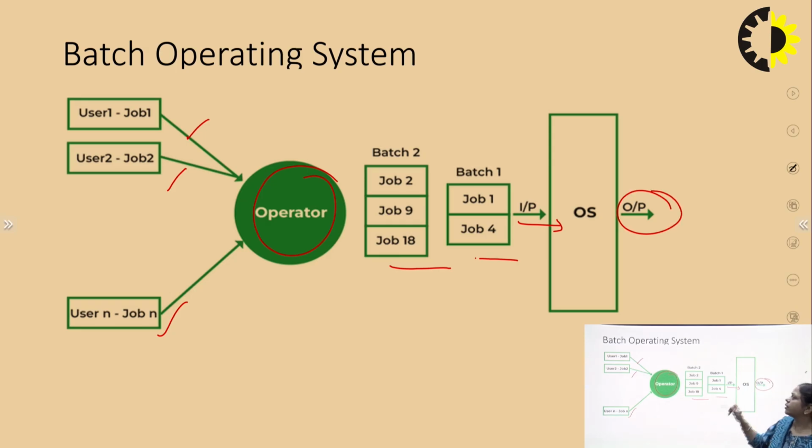This is known as a batch operating system, because in this case we divide all the jobs into different batches, and these batches are submitted to the computer system.